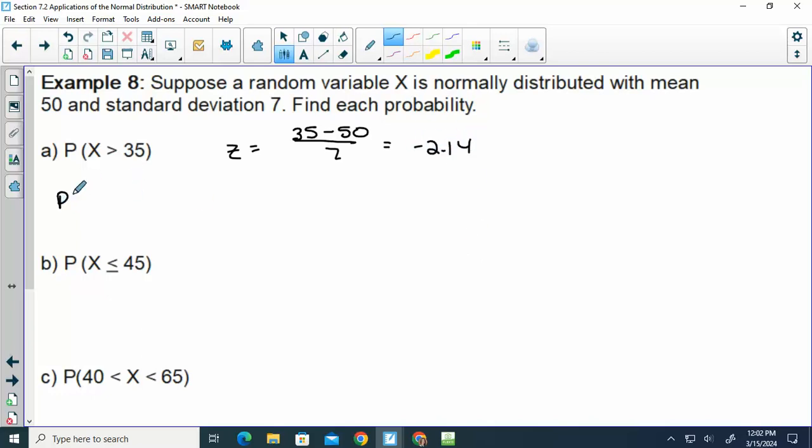So the first one, we're finding the probability that Z is bigger than negative 2.14. How do we do greater than? 1 minus. This time I gave you Z, so we are looking up when Z is negative 2.14. What's the probability given?